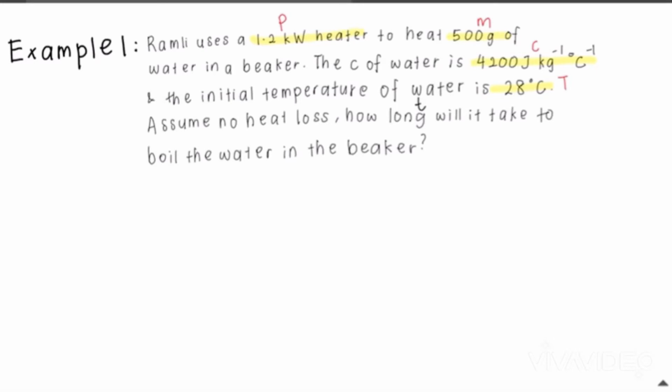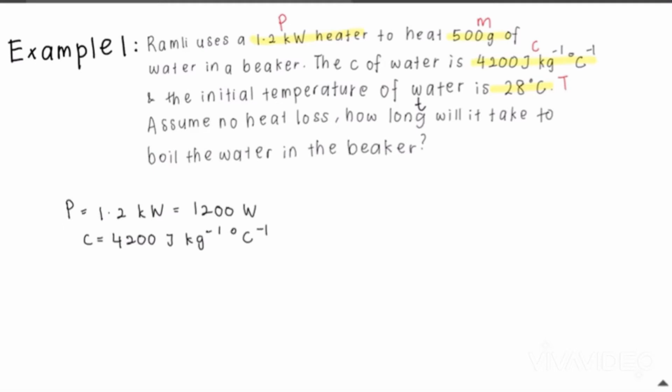So, the power of the heater, P, is 1.2 kilowatt. We change it to watt, 1,200 watt. And then the specific heat capacity of water is 4,200 joules per kilogram degrees Celsius.